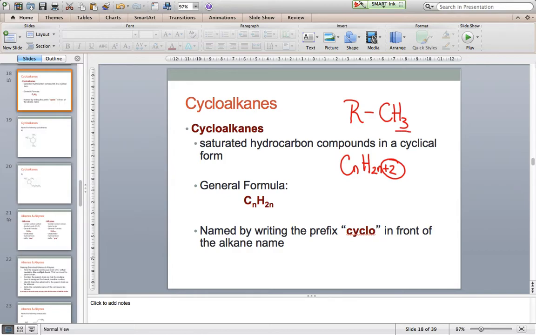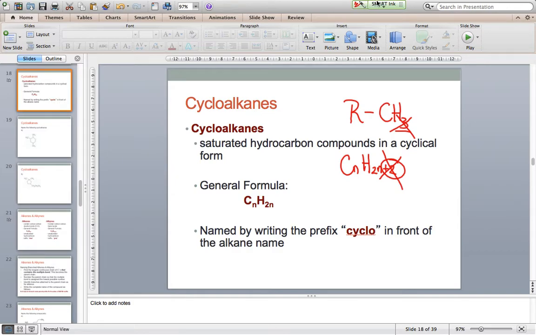And remember that 3 is just on the terminal carbons, so the last ones in the chain. The ones on the interior of the chain are either C's or CH's or CH2's. So because we don't have an end of the chain anymore, we're getting rid of these CH3s and they lose hydrogens, and therefore that's what happened to those two extra hydrogens.